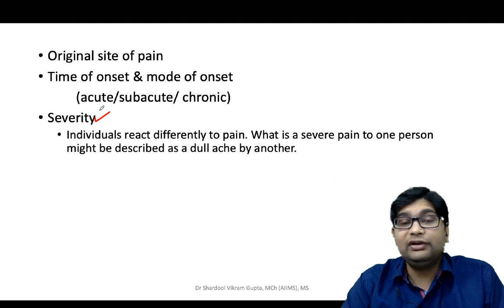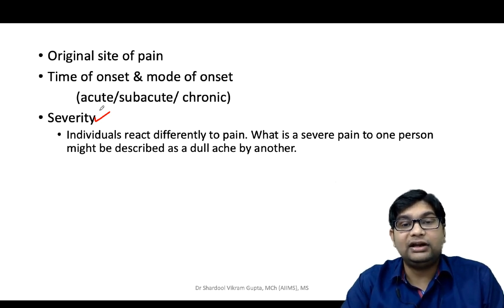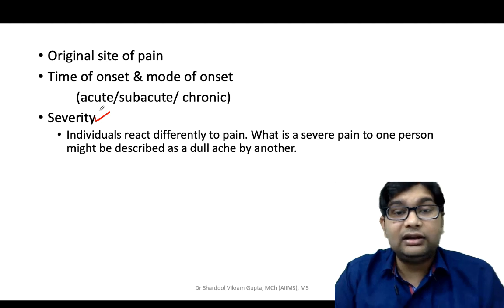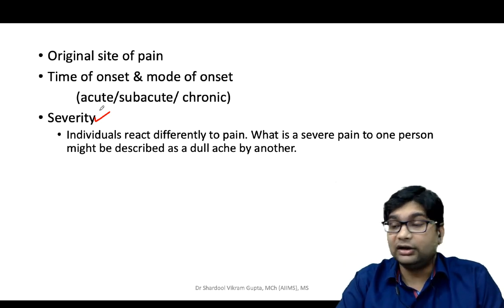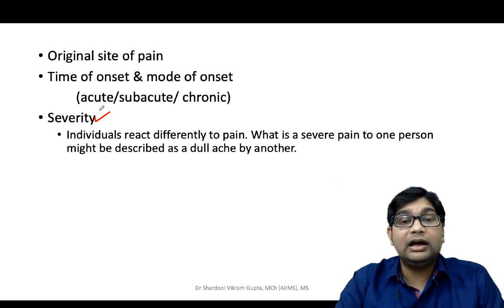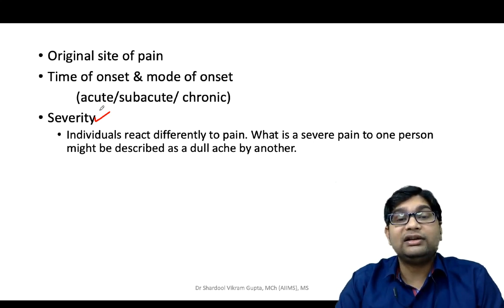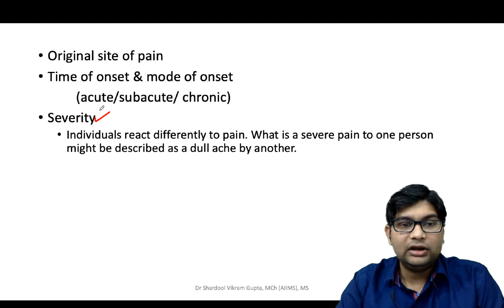There may be some females who appear very fragile. They will say that even on touching the abdomen they have too much pain, and that the severity is at least 10 by 10. But there may be some athletic, muscular-built laborer who will describe even a severe pain as mild pain. So individuals react differently to pain.